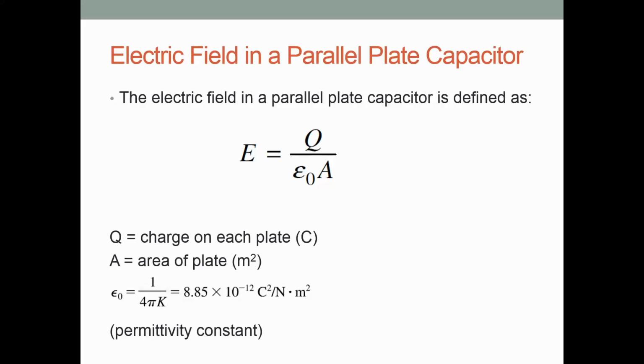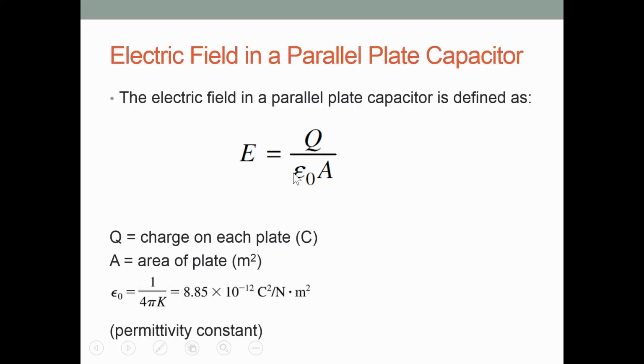So the last thing I want to talk about is how we define an electric field in a parallel plate capacitor. And we have this equation, which is on your equation sheet. It says the electric field inside, specifically for a capacitor, is equal to the charge on each plate, which is given in coulombs and represented by a capital Q, divided by the area of the plate times epsilon naught.